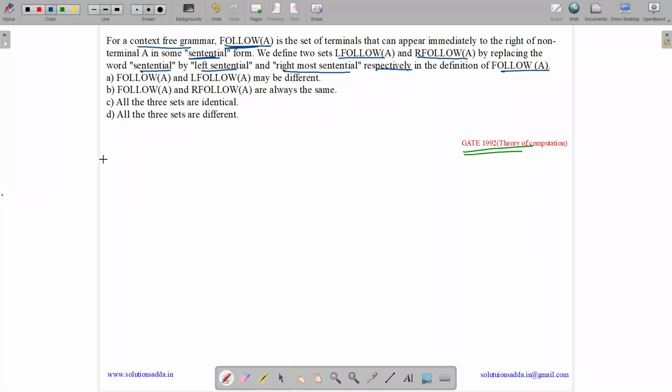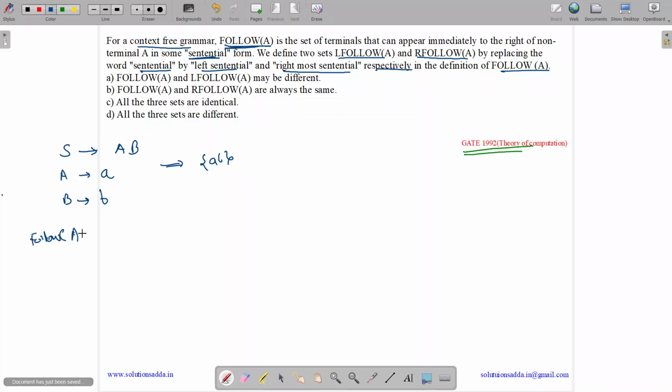Let us see if we are able to eliminate some of the options by taking an example. Let us assume the following grammar: S implies AB, A implies a, and B implies b. So which string can we derive? Only the string ab is derivable from the given grammar. So what is follow of A?